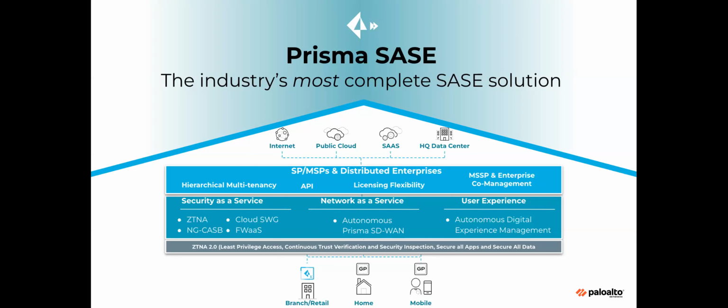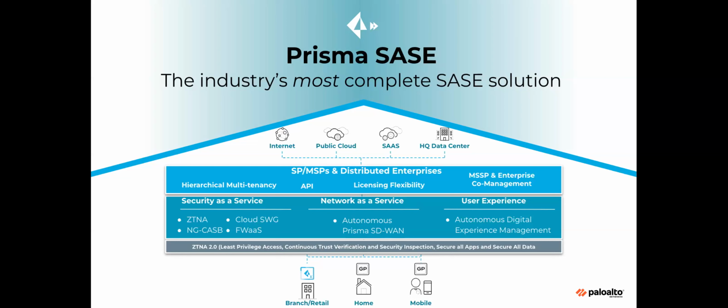The second pillar is network as a service, embodied by our Prisma SD-WAN stack, which seamlessly integrates with our SASE solution. The third pillar focuses on user experience, providing tools and capabilities to ensure best-in-class end user experience while preserving all the security constructs that we offer.